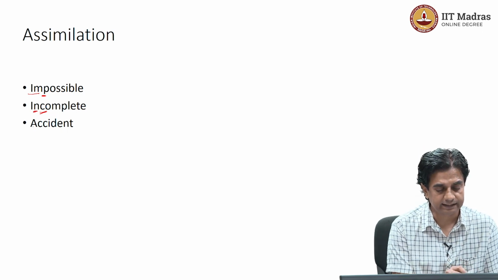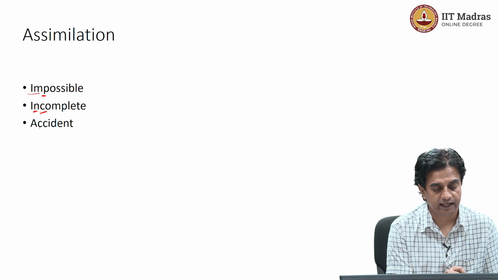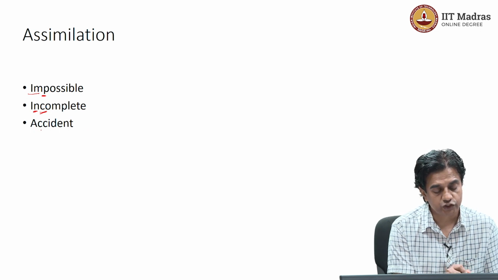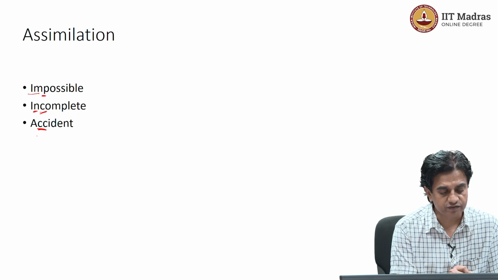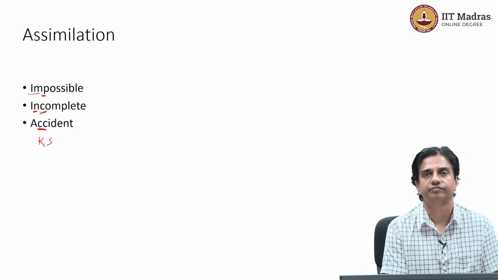And in this word, accident, it looks like a cluster, but this is not a cluster because the first one is ka and the second one is sa.